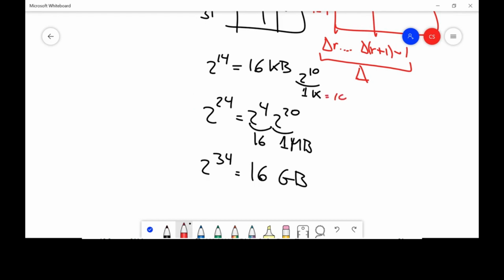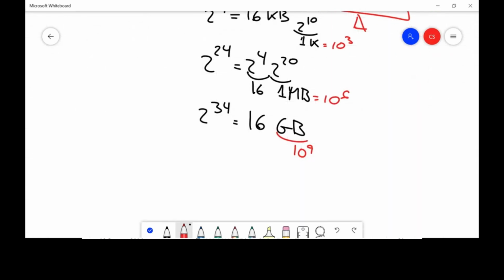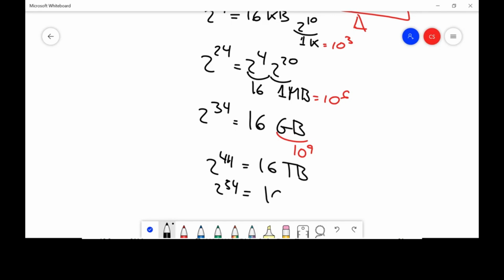This is 10 to the 3. This is 10 to the 6. So a giga is 10 to the 9. What are the next ones? Terabyte. 2 to the 44, so this is 16 terabytes. That is 16. What is the next one?